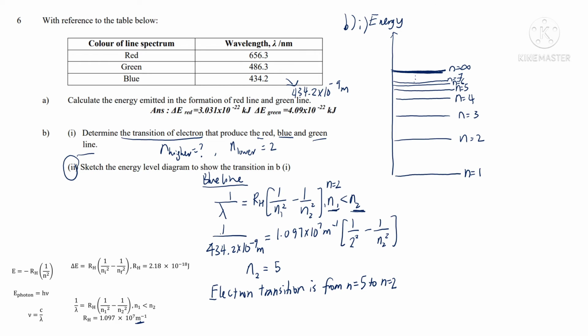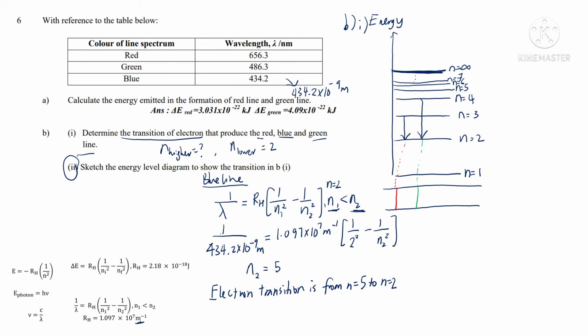To produce the red line, the electron moves from n equals to 3 to n equals to 2. That electron transition will produce the red line. And then to produce the green line, the electron moves from n equals to 4 to n equals to 2 in order to produce the green line in the Balmer series.